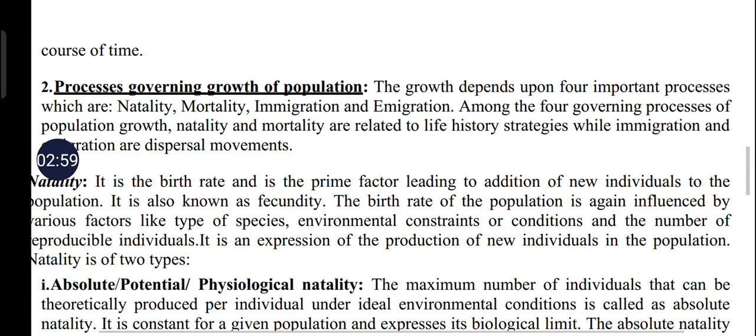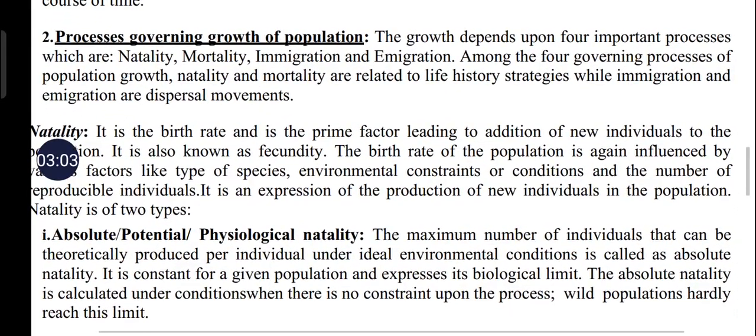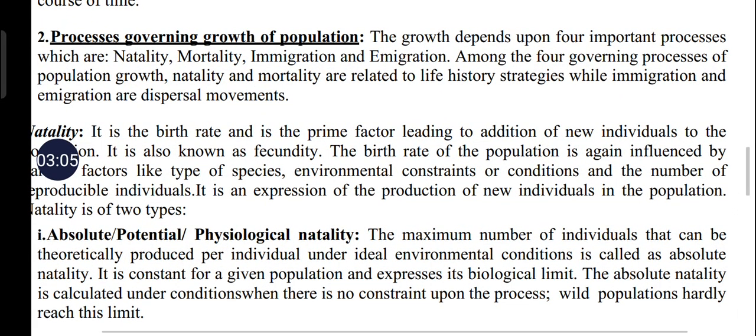So here we are going to see about the processes governing growth of population. The growth depends upon four important processes, which are natality, mortality, immigration and emigration.